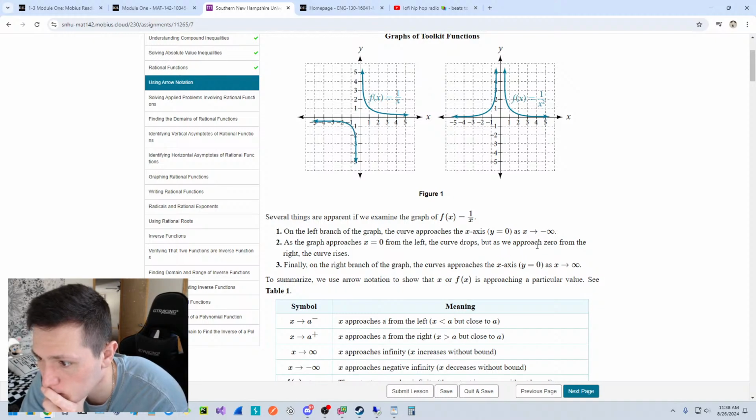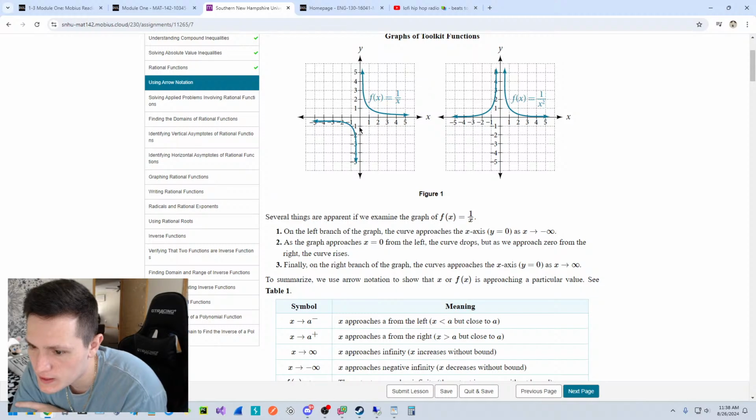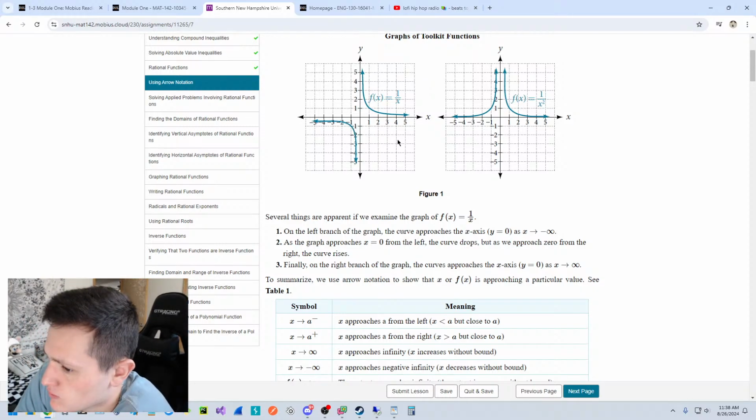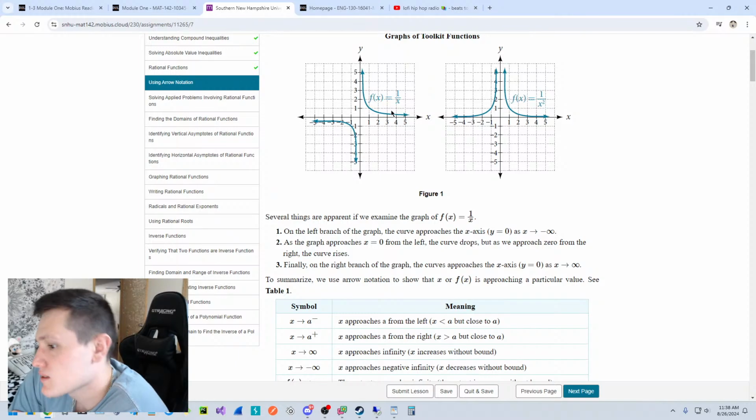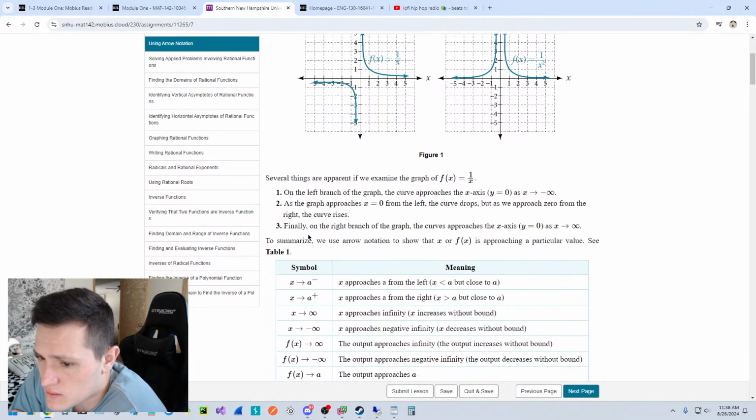But as we approach 0 from the right, the curve rises. Finally, on the right branch of the graph, the curve approaches the x-axis, y equals 0, as x approaches infinity. This is kind of confusing.